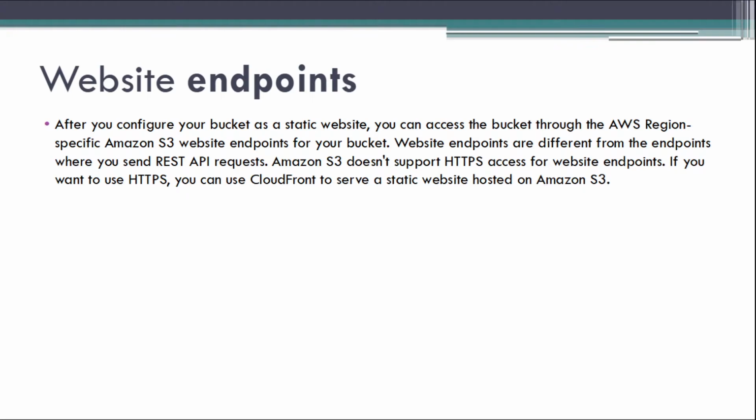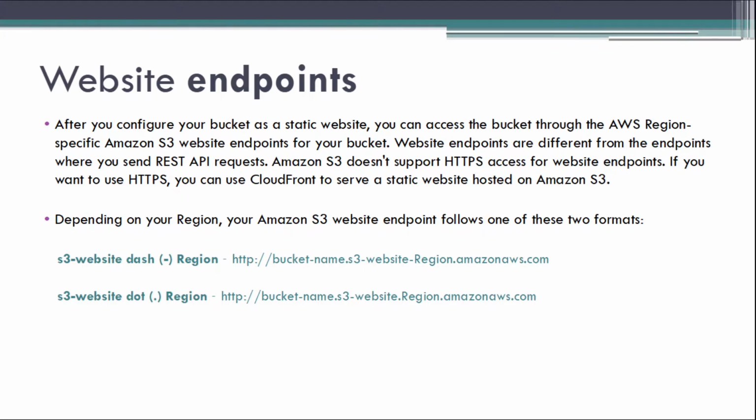So if you want to secure your website, you can use CloudFront with Amazon S3, where you can upload your certificate and make your website secure. But with Amazon S3 alone, it is not possible. Amazon S3 only supports HTTP, not HTTPS, but it is possible with the help of CloudFront.